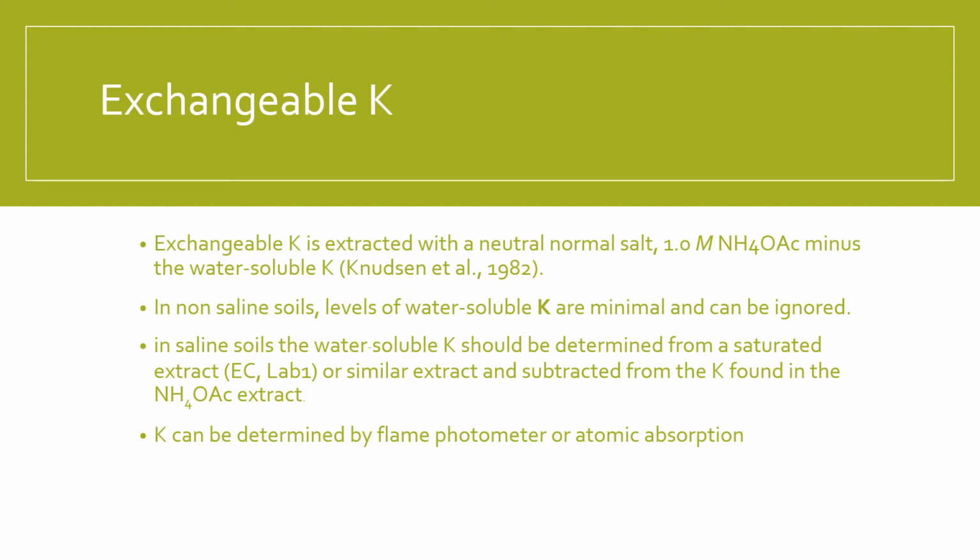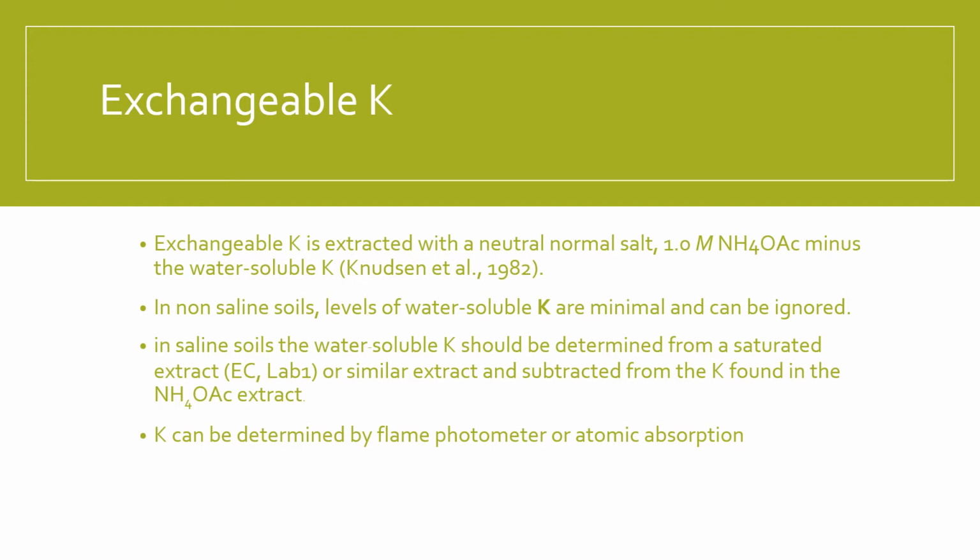And the exchangeable potassium is defined more specifically as the part that is extracted with the neutral 1 molar ammonium acetate minus the water-soluble potassium. So in the non-saline soils, the amount of water-soluble potassium is very small, so we can ignore it.